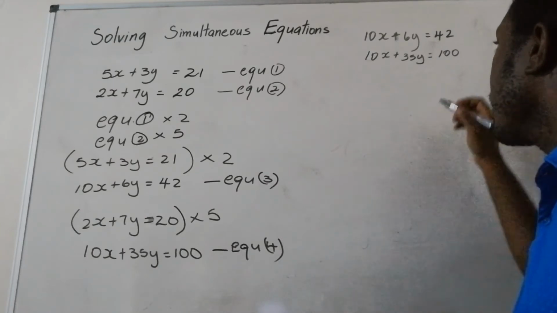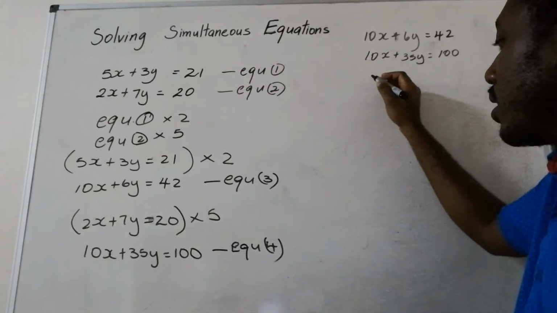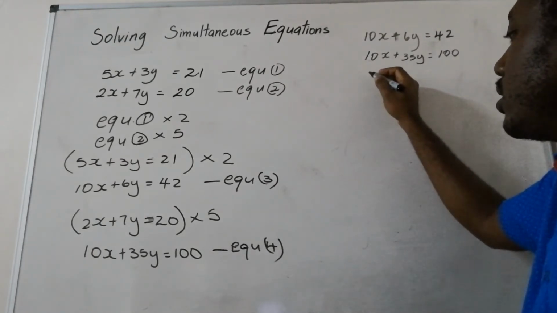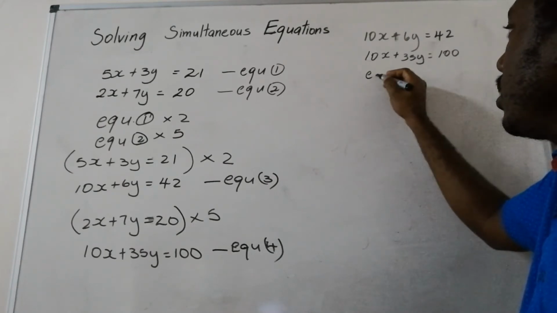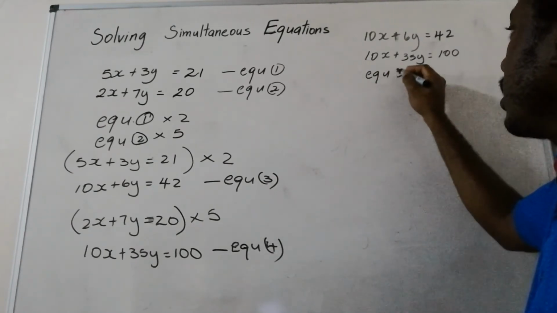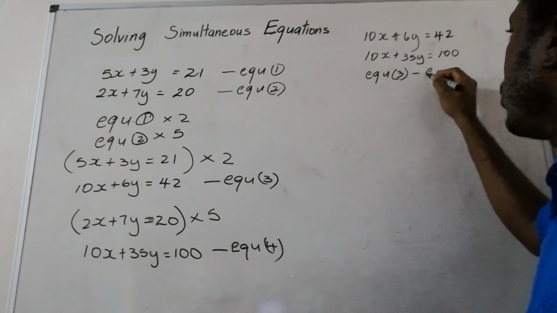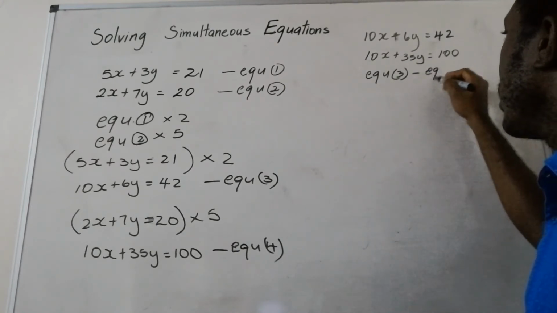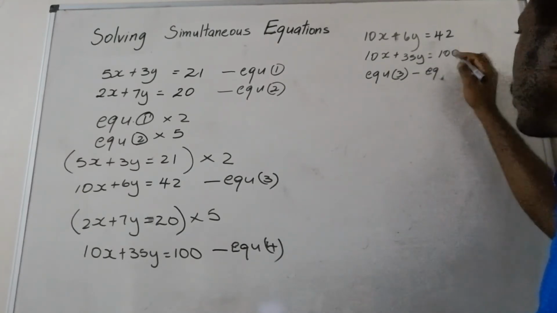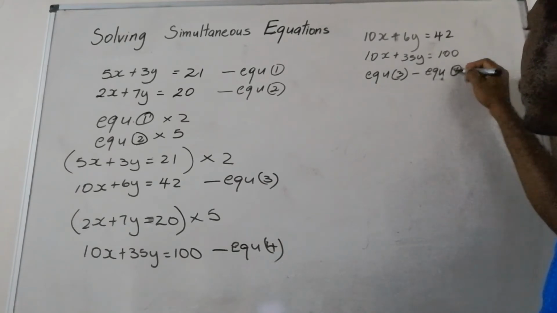So we're subtracting equation 3 minus equation 4. Right?